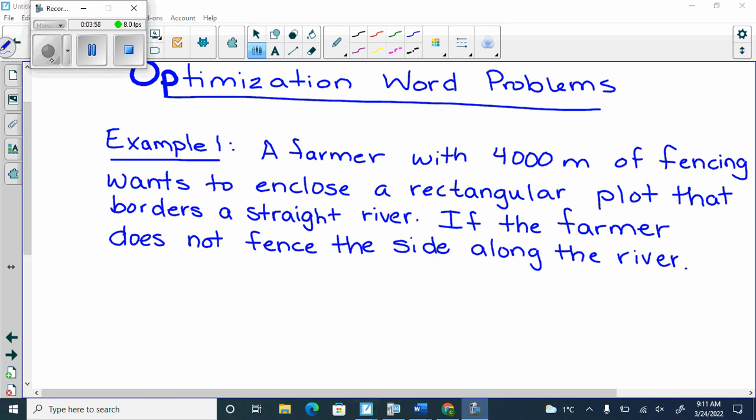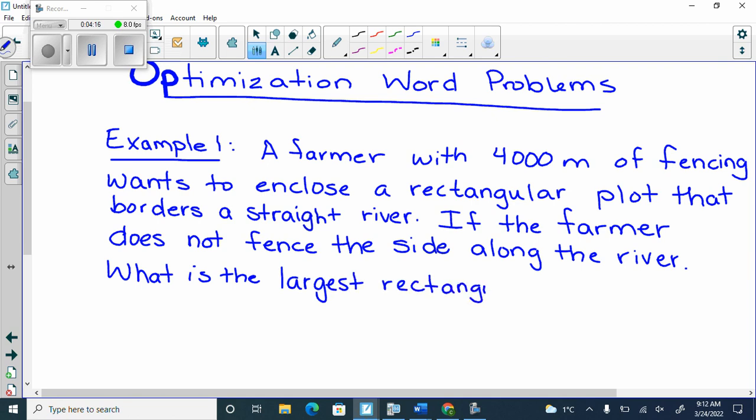So, what is the largest rectangular area that can be enclosed? It doesn't go into the river.